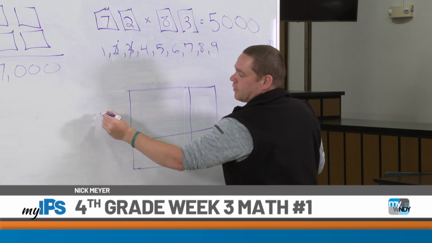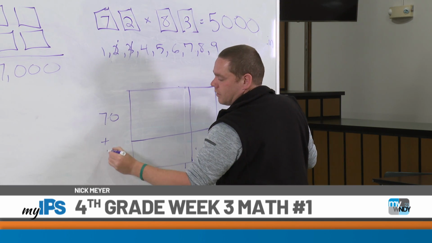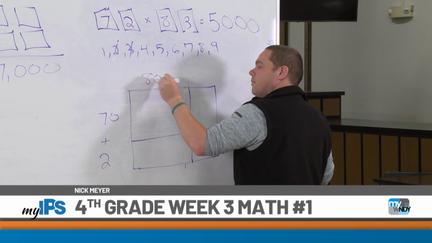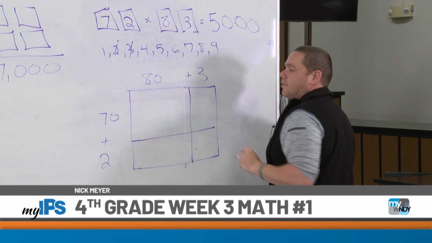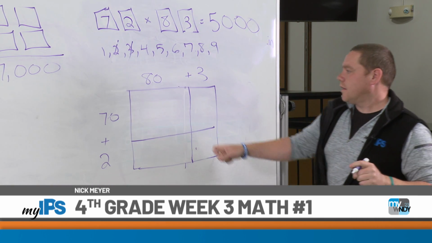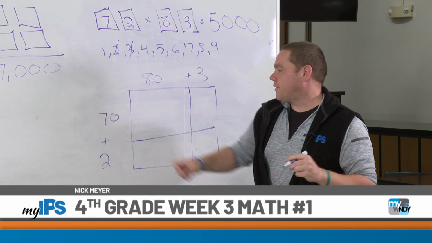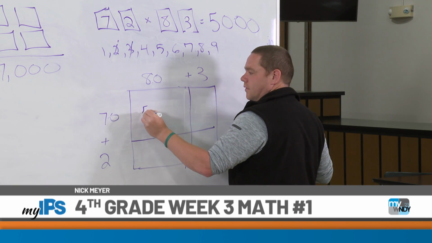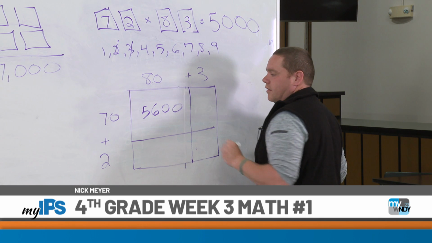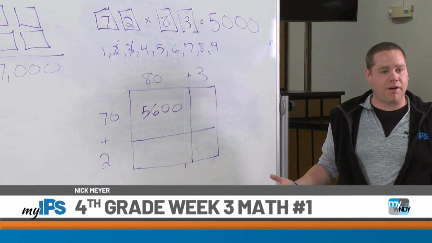So I'm going to do 70 plus 2 times 80 plus 3. 80 times 70. Uh-oh, I got too big right away.